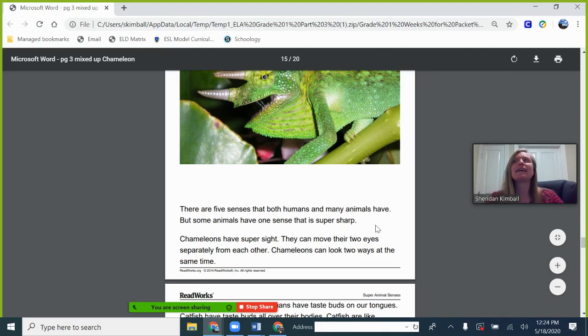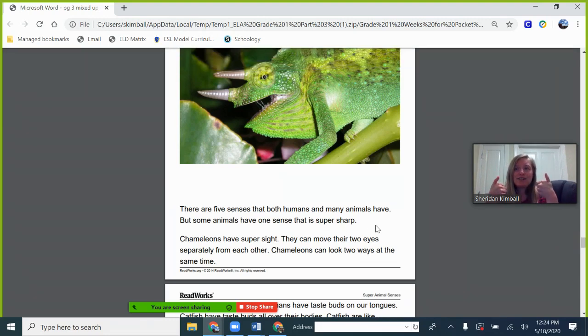So that means that's like their best sense, okay? Chameleons have super sight. They can move their 2 eyes separately from each other. What? Chameleons can look 2 ways at the same time.